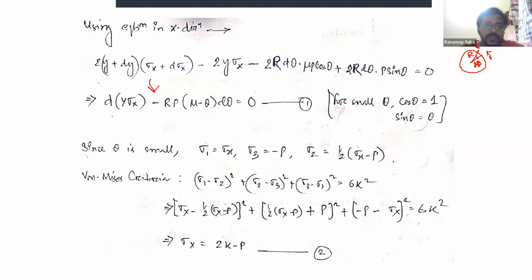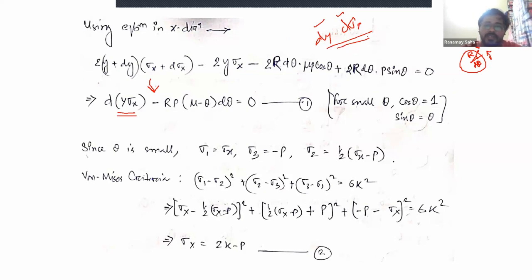Okay, so here finally you can get differential of y into sigma x. You can take the intermediate steps and just exclude the much smaller terms. Suppose there is a term coming out, dy d sigma x. Both of them are very negligible, and the multiplication of both further reduces it in terms of magnitude.